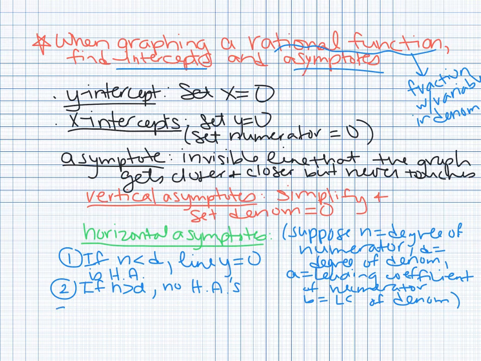And then the last thing is if they're equal, then your horizontal asymptote is at y equals a over b.